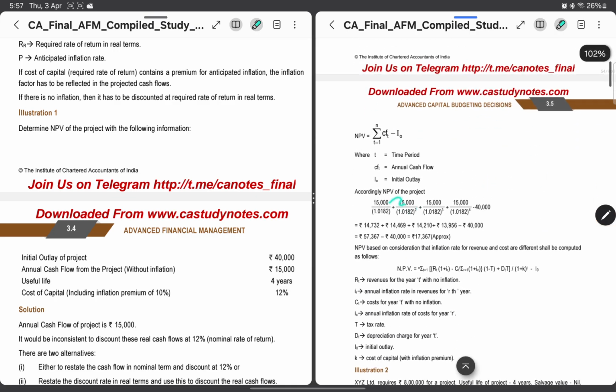In this case, we will not inflate the cash flows, as we are restating the cost of capital. So 15,000 will be a real cash flow. With the restated discount rate of 1.8%, we again get the same answer, about 17,367. In either case, it's the same, so we can accept the project.